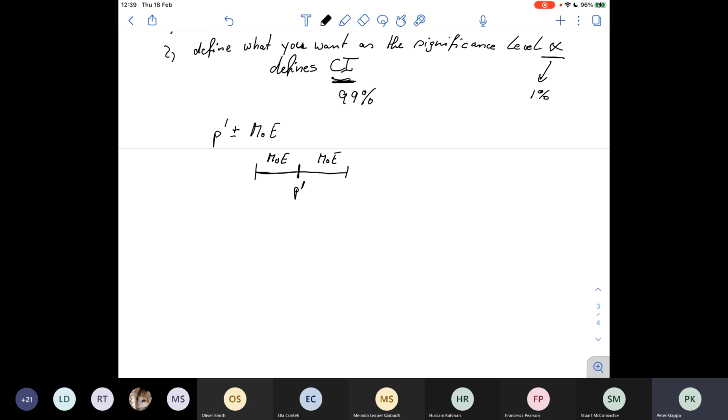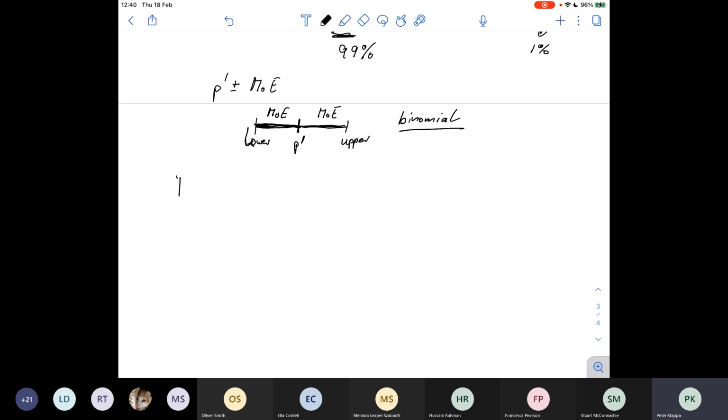So it's the same distance to the upper and the lower bound. This whole thing is nicely symmetrical, and that is a feature of the binomial distribution.